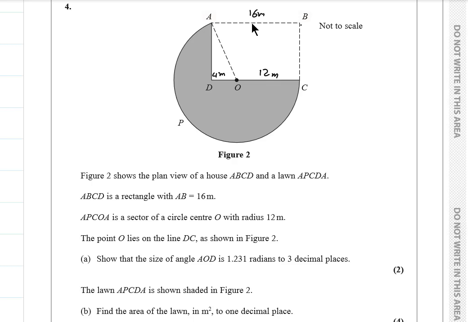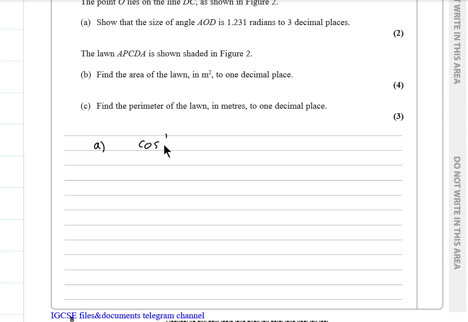Also, OA is a radius, so its length is 12 meters. For triangle ADO, we know the length of OD and the hypotenuse, so we can get this angle easily by cosine inverse of 4 over 12, which is approximately 1.231 radians.